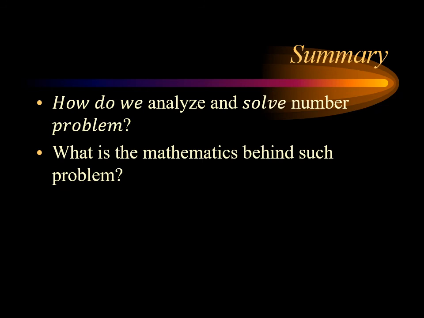But also we want to illustrate how we really analyze and solve such number problems, right? So there's the toolkit from modular arithmetic, and there's a toolkit from group theory, especially rings, that you can use to your advantage.